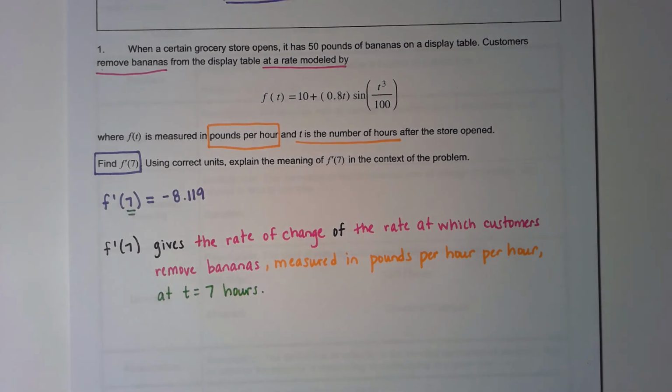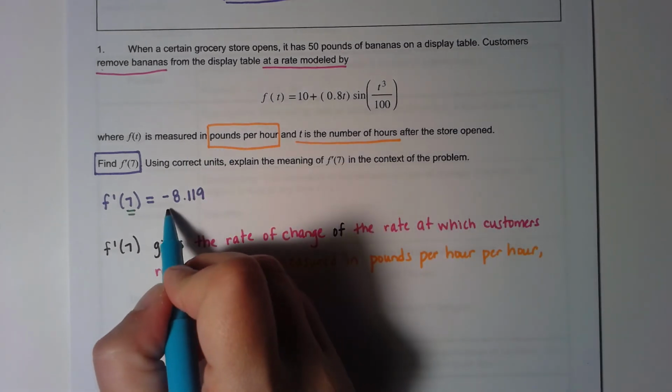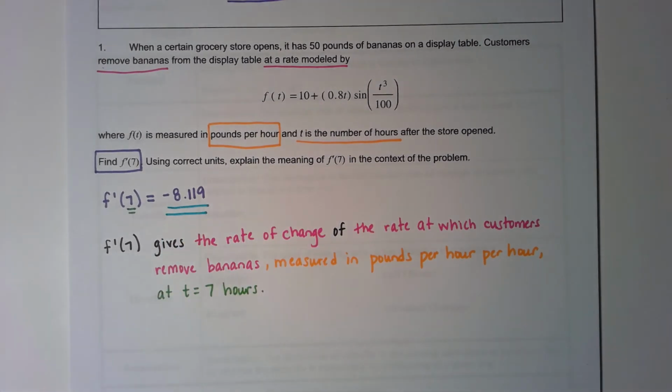Now the second part of this is to kind of explain what this specific value tells us. The negative 8.119 is going to tell us that the thing that we were measuring is decreasing because it's negative.